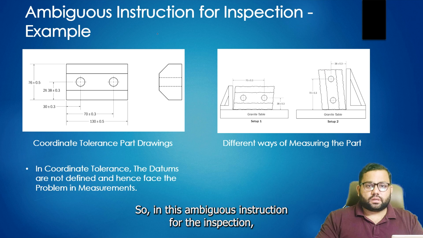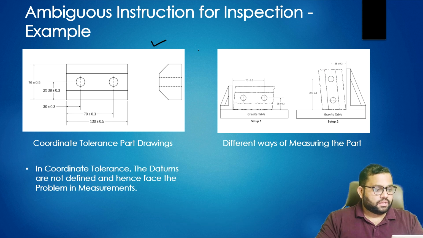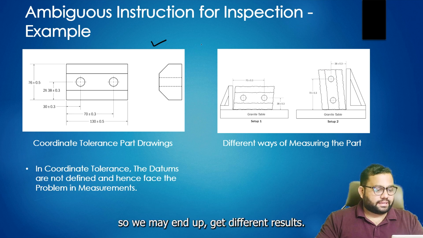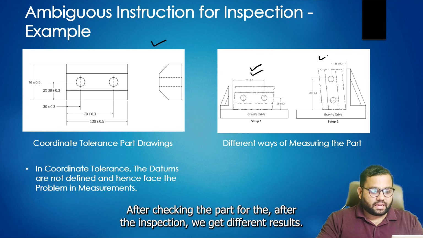Okay, so with ambiguous instructions for the inspection, when we use the coordinate tolerancing system, we may end up getting different results after checking the part.